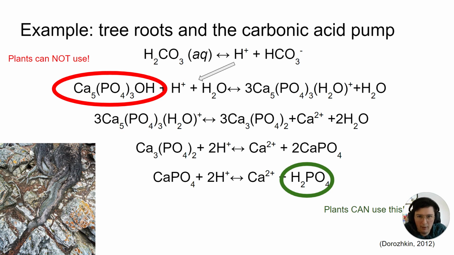And a cool feature of this is that under very acidic conditions, this H2PO4, this phosphate here, will actually complex with metal ions in the soil, so things like aluminum or iron or whatnot. And that is, again, unavailable to plants to use for their growth.